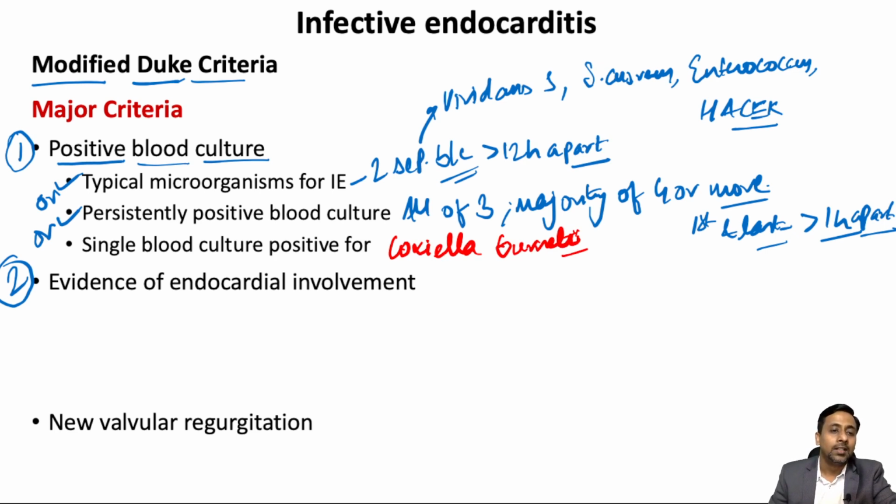Okay, then evidence of endocardial involvement, and how will it be evident? Either by echo findings. And what should the echo findings be?